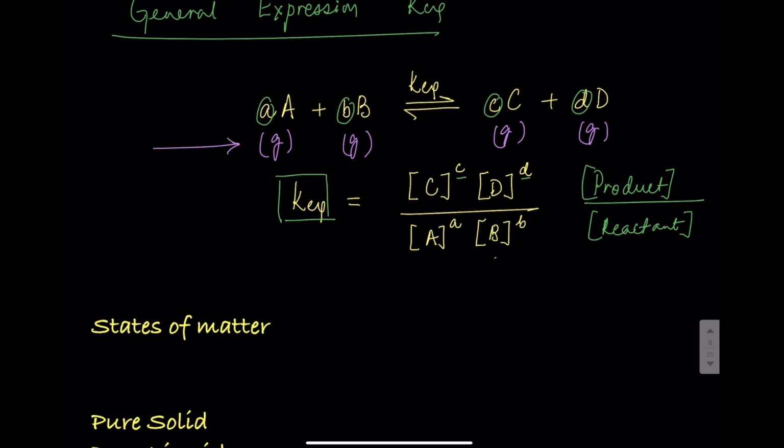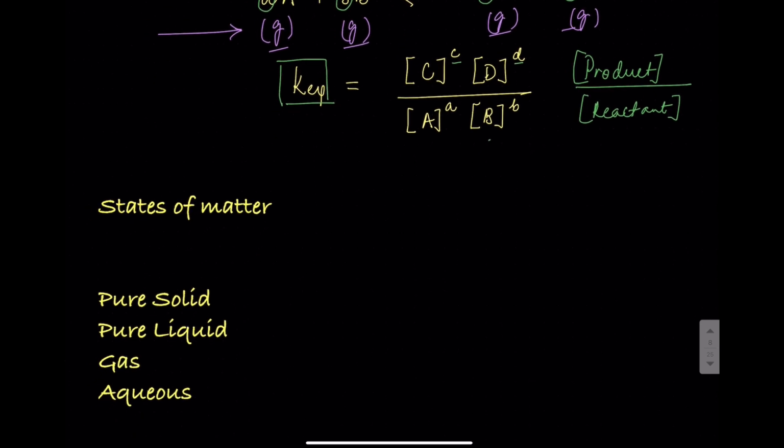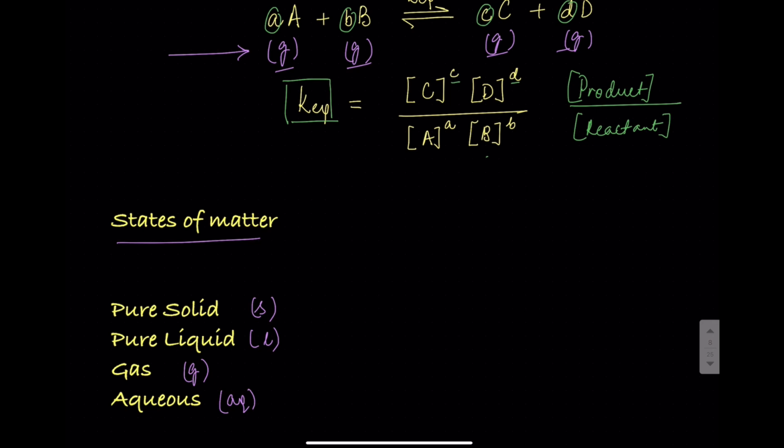Another thing you want to observe here is that these reactions will always show the state of matter. Remember, the states of matter will be pure solid, which is shown as small s, pure liquid as small l, gas small g, and aqueous as aq. Now, when we write the expression for the equilibrium here, we only consider the gas and the aqueous states.